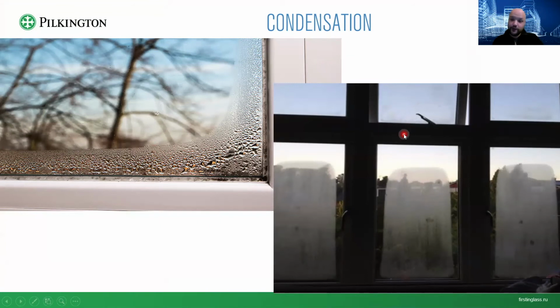On the right photo, it is directly opposite. The edge zone is clear and the center is foggy. Now, could you give me an idea what is the difference between these two? Why are they behaving absolutely differently? What are the conditions?